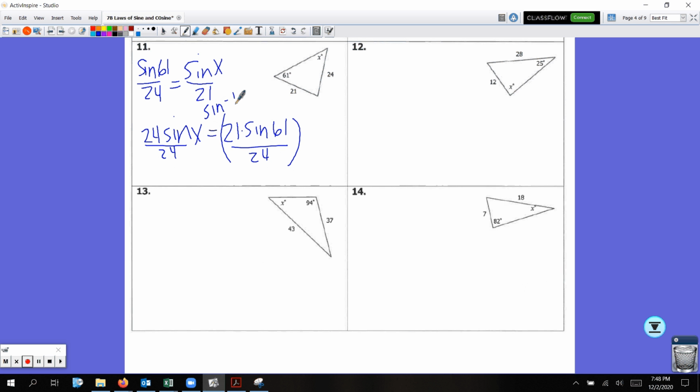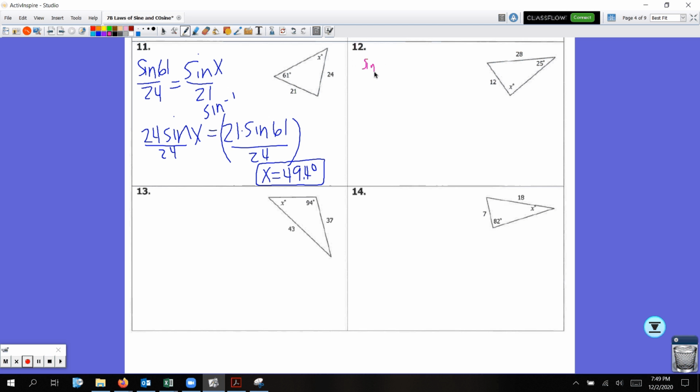Plug that in: inverse sine, 21 times sine 61, close parenthesis, divide by 24, and I get 49.9 degrees. X is equal to 49.9 degrees. Fabuloso.